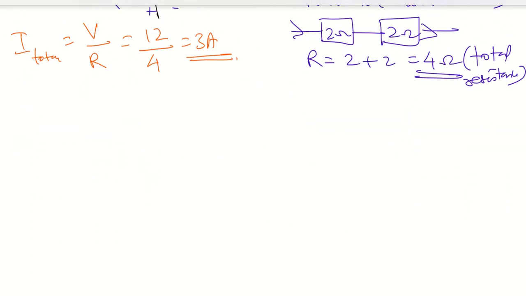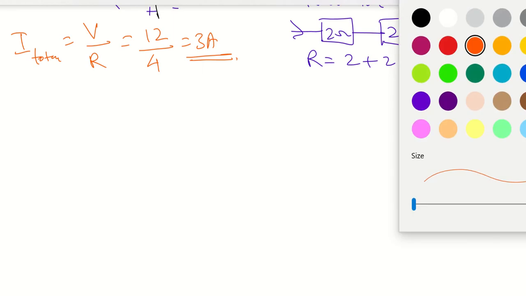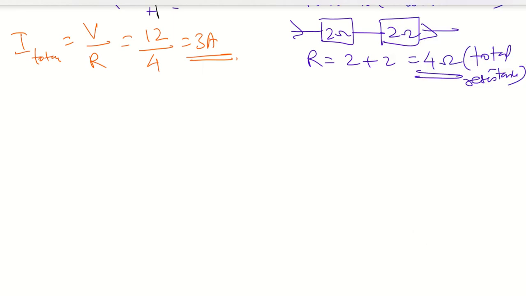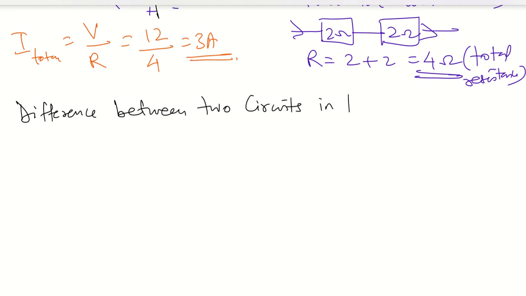And if there is some logical thing that you want to really think about, one of them can be: what is the difference between two circuits in terms of reliability?